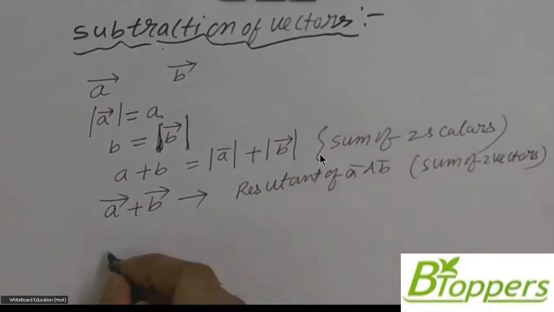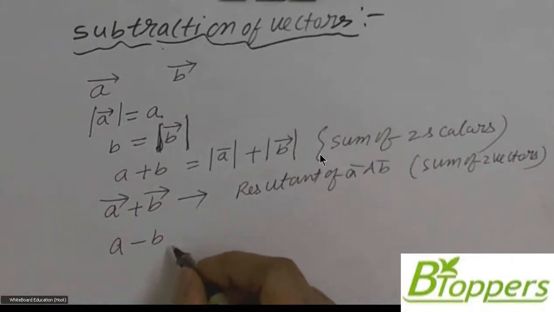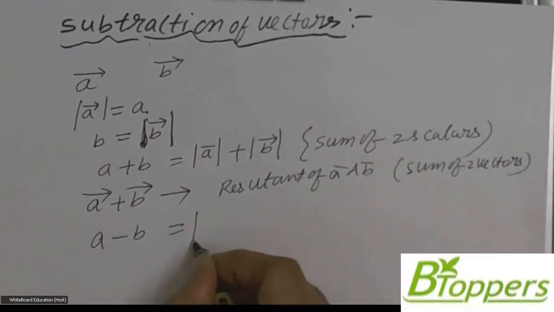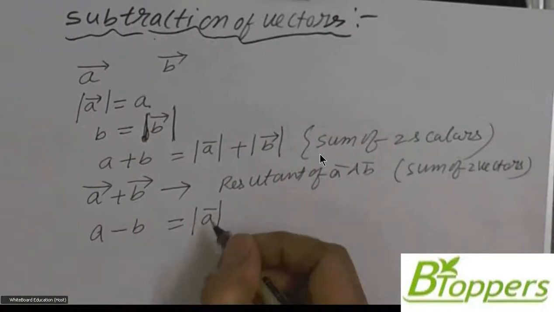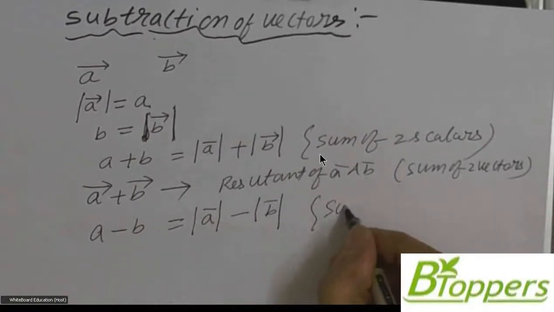In a similar way, if you write A minus B, it does not mean the difference of two vectors. It means the difference of the magnitudes of the vectors, or you can say it is the difference of two scalars.